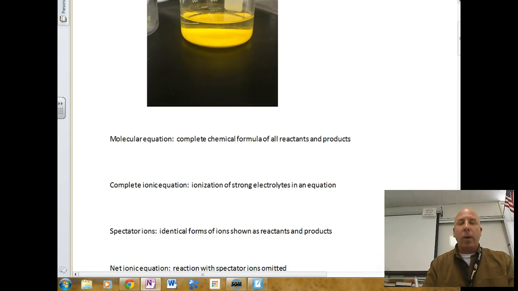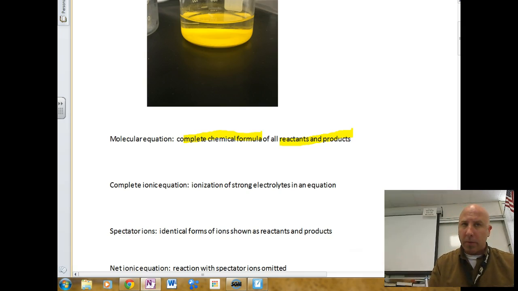Now, first off, let's talk about what a molecular reaction is, and a molecular equation. A molecular equation is when we have a complete chemical formula of all the reactants and products. In the demonstration I showed you yesterday, we mixed together two soluble ionic compounds in solution, and we produced one insoluble product and one soluble product.